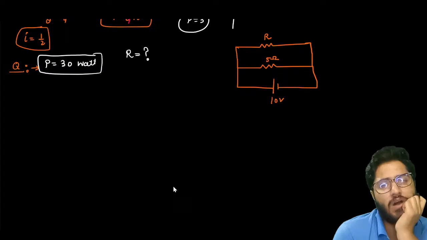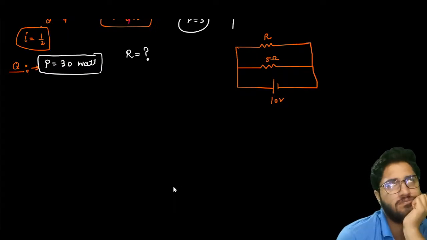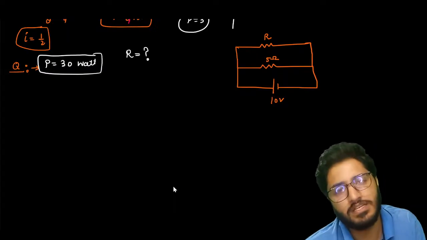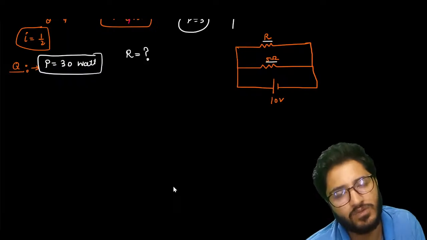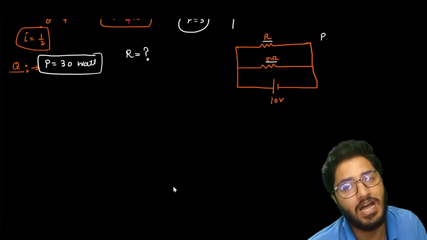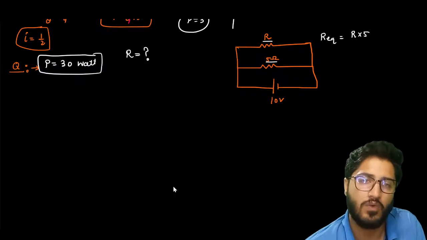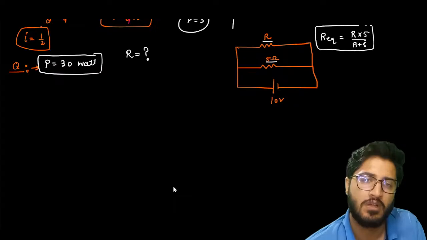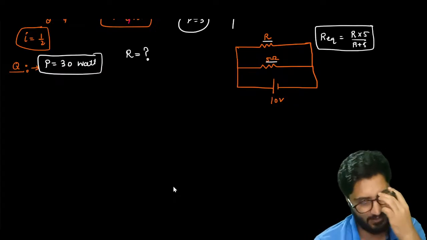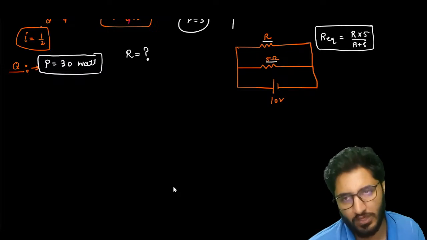Okay. Sir, how to get it now? Value of R? You can see now, look, this R and these 5 are in parallel. So you will write R equivalent equals R into 5 divided by R plus 5. Done? Yes, sir, done.